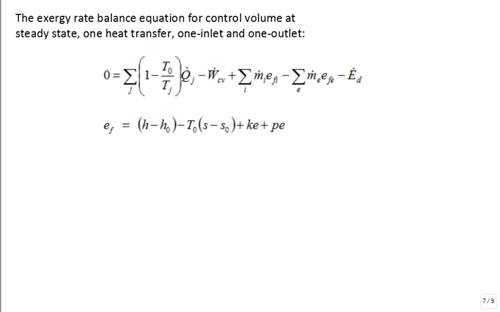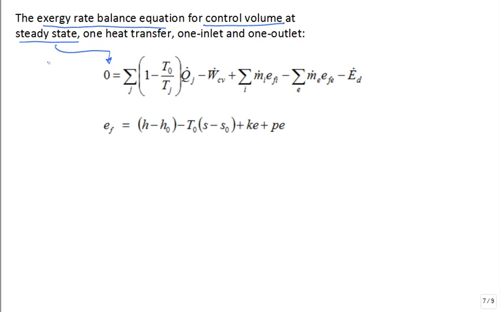The next thing we need to do is move to what they call an open system. We do an open system analysis with a control volume. So this is our equation, the exergy rate balance equation for a control volume. It's steady state, so what did they do to the term on the left side of the equal sign? 0.